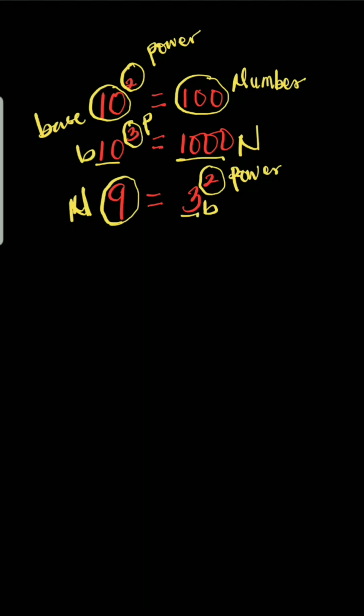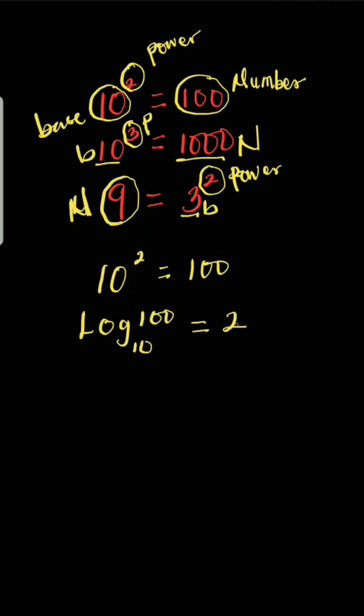So let's take the first one. 10 raised by 2 is the same as 100. The number here is 100. So writing this in a logarithm form, it becomes the logarithm. This is an abbreviation for logarithm. So log 100 to the base 10 equals to the power, which is 2. And so you have written this in the logarithm form.